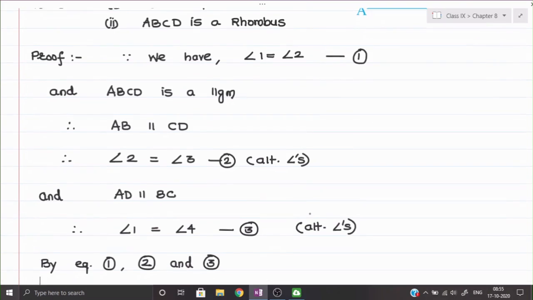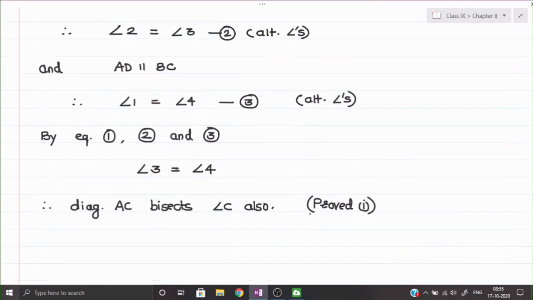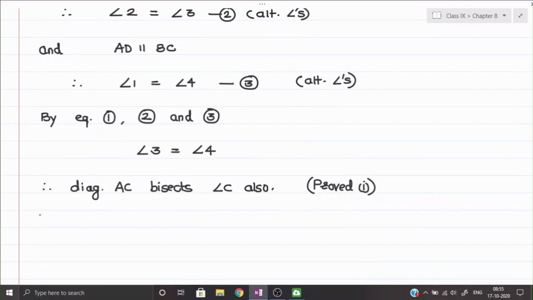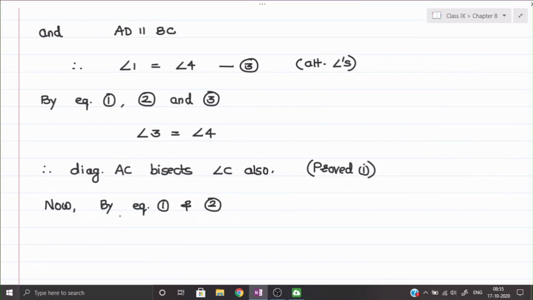So if I take equation number 1 and 2, by equation first and second, angle 1 is equal to angle 2 and angle 2 is equal to angle 3. So I can say that angle 1 will be equal to angle 3.